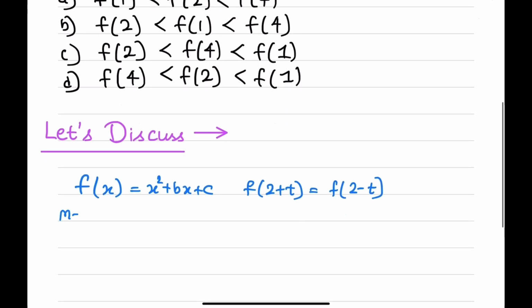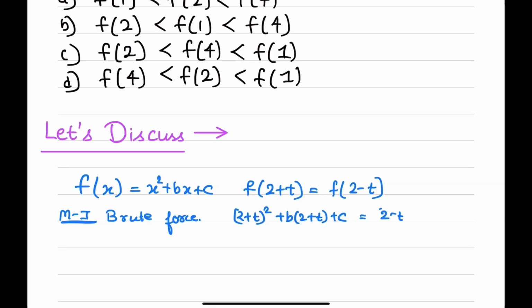So method 1, that will be like sheer brute force. Just do whatever the question tells us to do. Put 2 plus t here in that expression. So this will become (2 plus t) whole square plus b into (2 plus t) plus c. Same with this, (2 minus t) whole square plus b into (2 minus t) plus c.